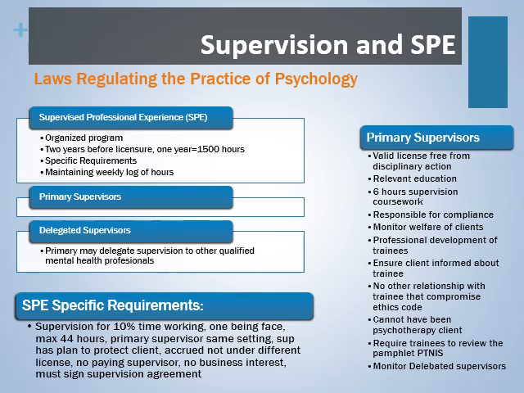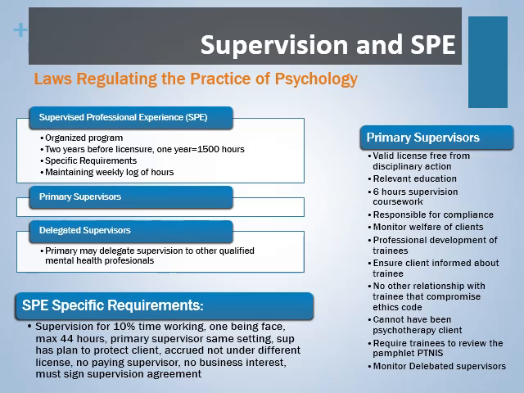When we talk about delegated supervisors and the kind of flexibility that there is, that is mostly in community settings or corporations. But with a psych assistantship, there are specific requirements that you want to be very clear on, particularly with delegated supervision.